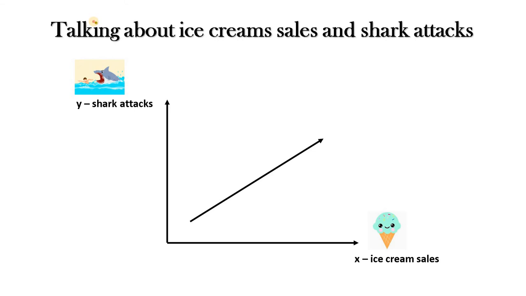And the thing is, you have another process, a Z variable, which in this case is heat, that is correlated with ice cream sales, and it is also correlated with shark attacks. So you have a Z variable that is related to both and is causing this confusion in your regression model.